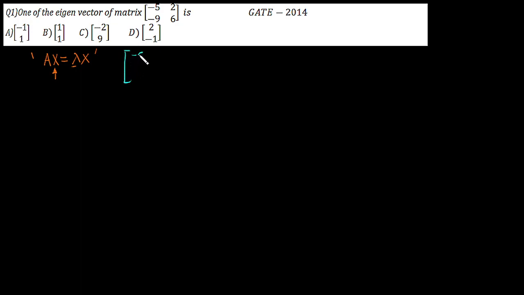A has entries -5, 2, -9 and 6, and I have to multiply this matrix with the vector given in option A. So now let's do the multiplication. Here -5 multiplied with -1, so +5, plus 2, so 7. Now here 9 plus 6, so I'm getting 15.